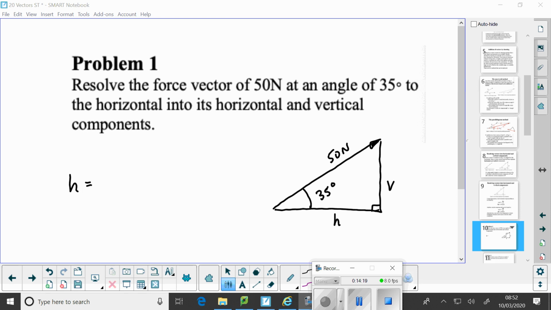So what have you done then? Oh, okay, yeah. Cos 35 is equal to, yep.